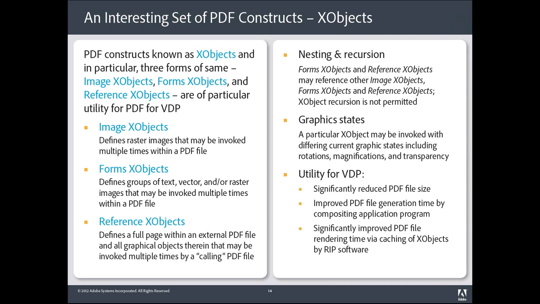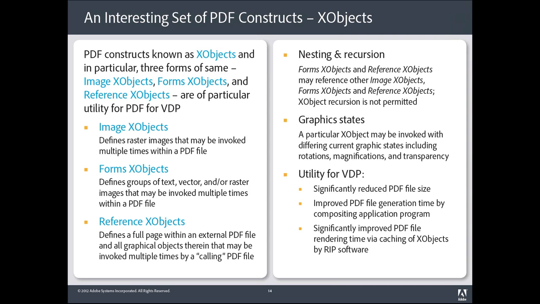But nonetheless, a forms XObject is a combination of raster objects, vector objects, and text objects. Any combination of those combined together, and you say this is effectively a constant, and I can call it out again and again. I can call it out only once, but that doesn't make too much sense for a forms XObject.